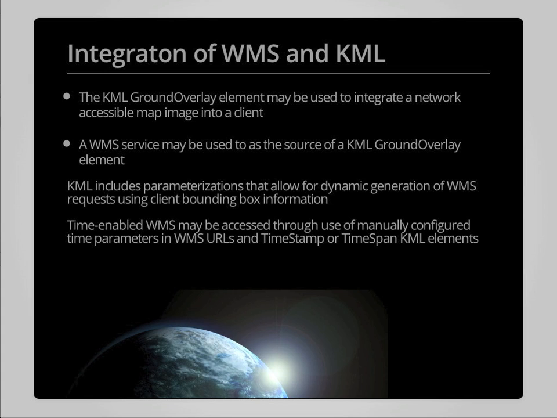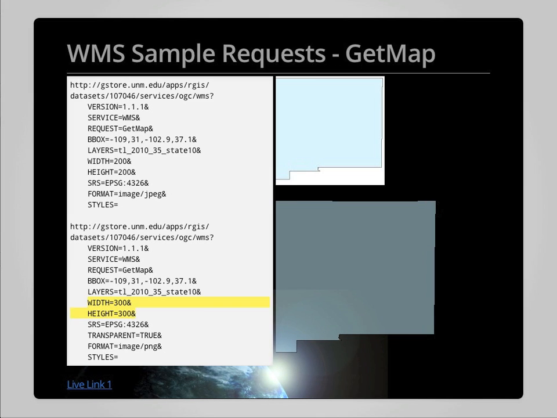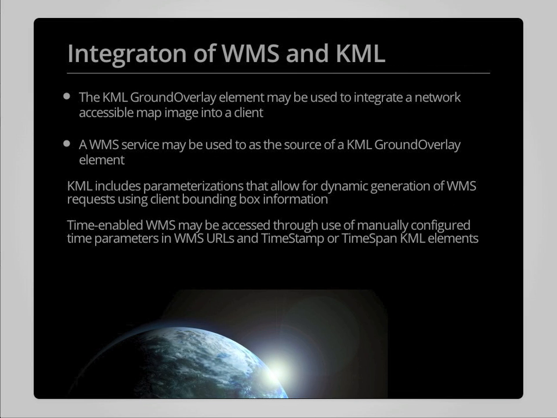And the ability to bring those network accessible images in is then extended to specifically support web map services as map images that you can bring in. So you can treat the URL, the address that we have been talking about here, this getMap request, as the source for a map image to bring into a KML ground overlay.